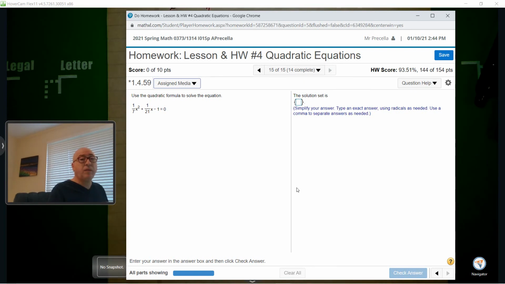Well, it's in standard form, ax squared plus bx plus c equals 0. So if you wanted to jump right into it, which you shouldn't, a equals 1/7, b equals 1 over 21, and c equals -1.